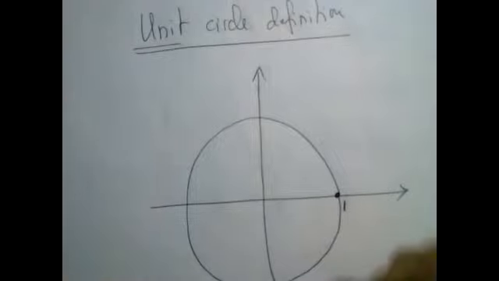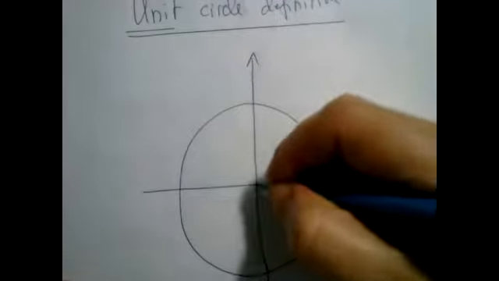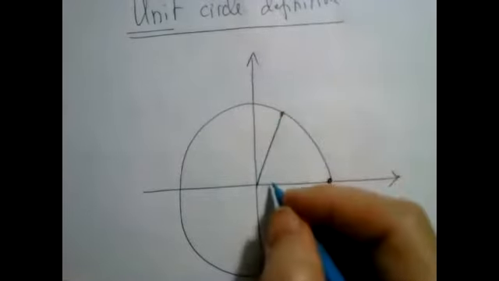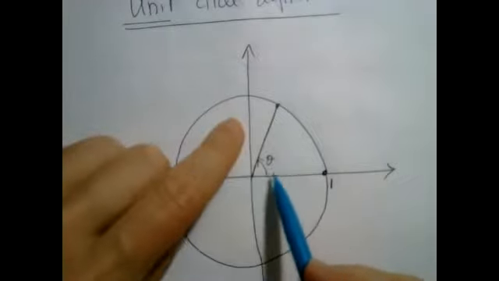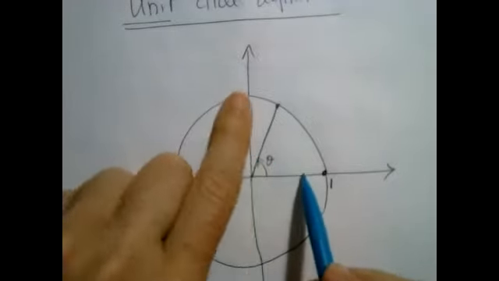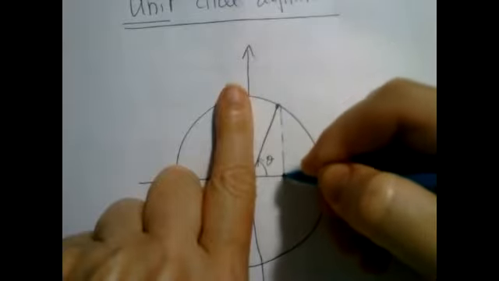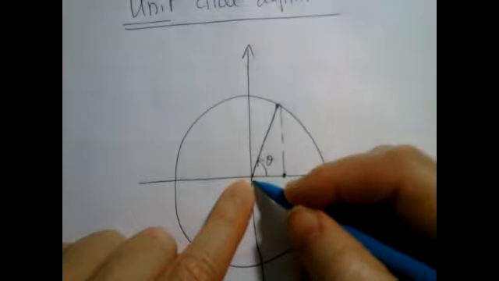Now we define the sine and cosine in the following way. I'm going to do two pictures. If I take an angle here, and I'll call it theta, and the angle is between 0 and 90, it means I am in the first quadrant, then the sine is basically opposite over hypotenuse.